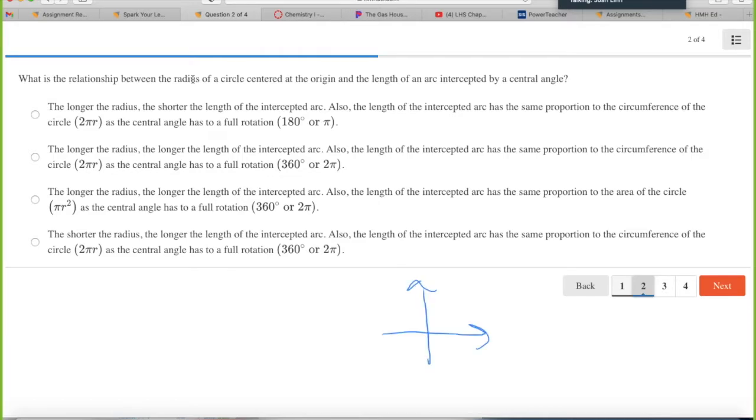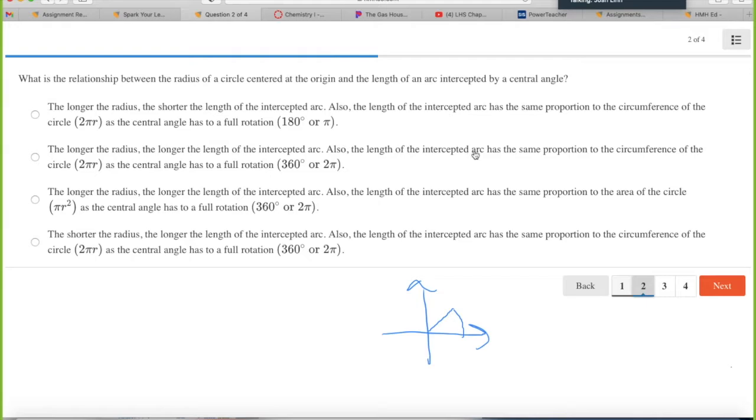So the longer the radius, the shorter the length of the intercepted arc. That's false. The longer the radius, the longer the length of the intercepted arc.